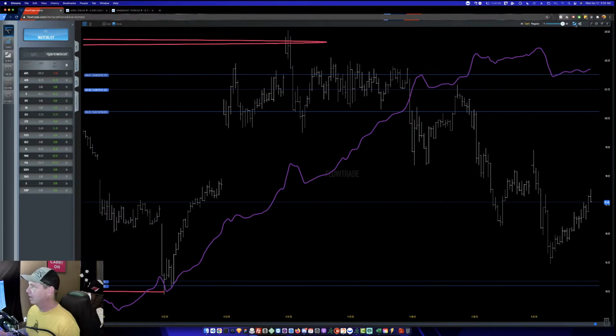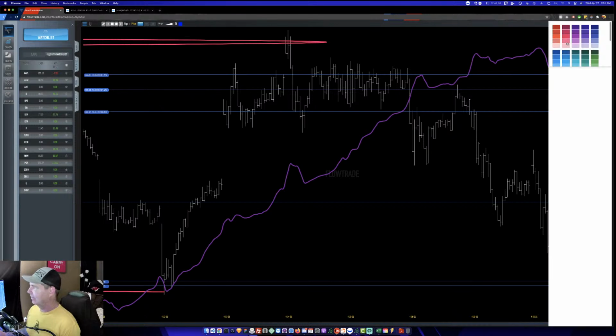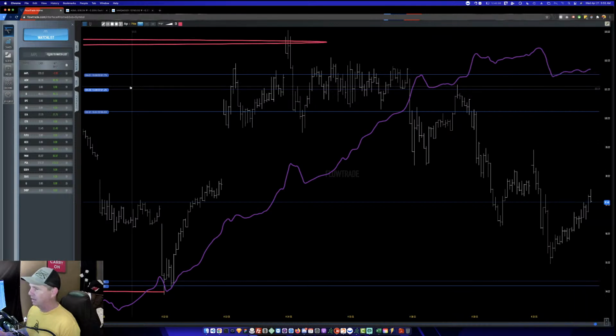We've got a cluster of block trades that has come in that is going to act as a magnet. They're not bunched together, but they're within 25 cents of each other, so 101.25 and 101.75 as the top.